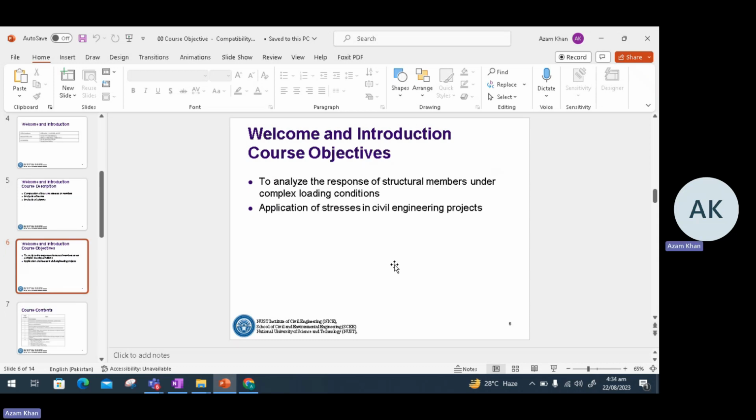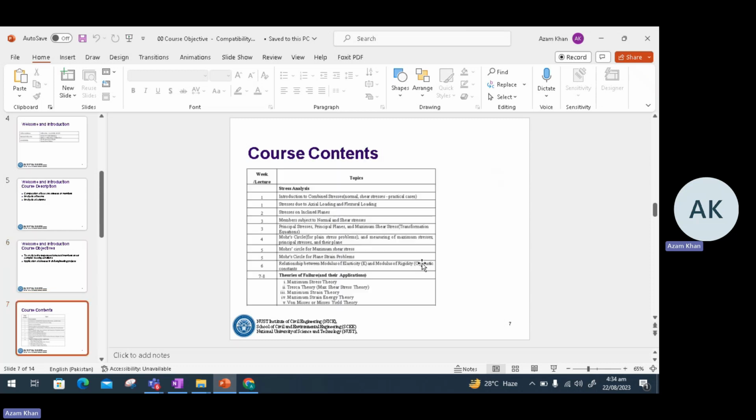The objective of this course is to analyze the response of structure members under complex loading conditions and apply this stress concept to civil engineering projects. So we will do some practical problems and try to include the concepts developed here in our practical projects.